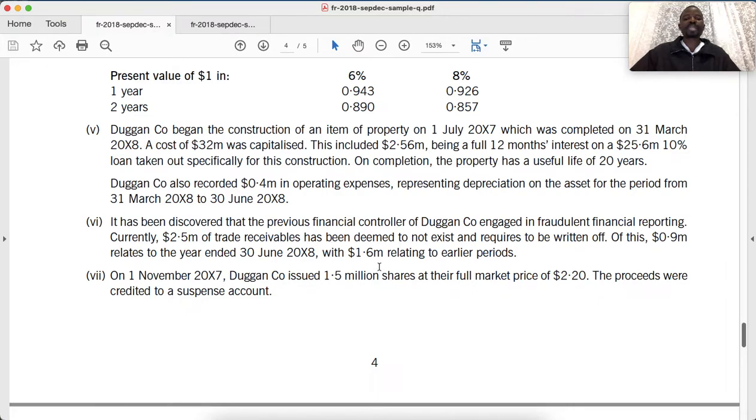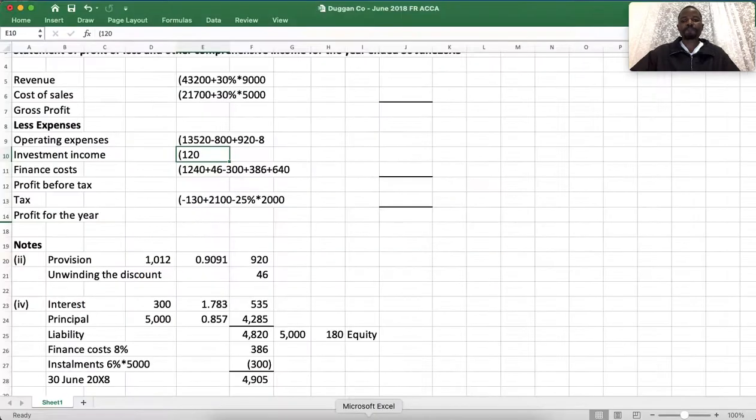So this 1.6 will be a prior period adjustment when we are doing the statement of changes in equity, but we are not doing it today. We only consider the current fraud of 0.9 million that we need to add to our operating expenses. The fraud for the financial controller, we are writing it off 0.9 million like that.